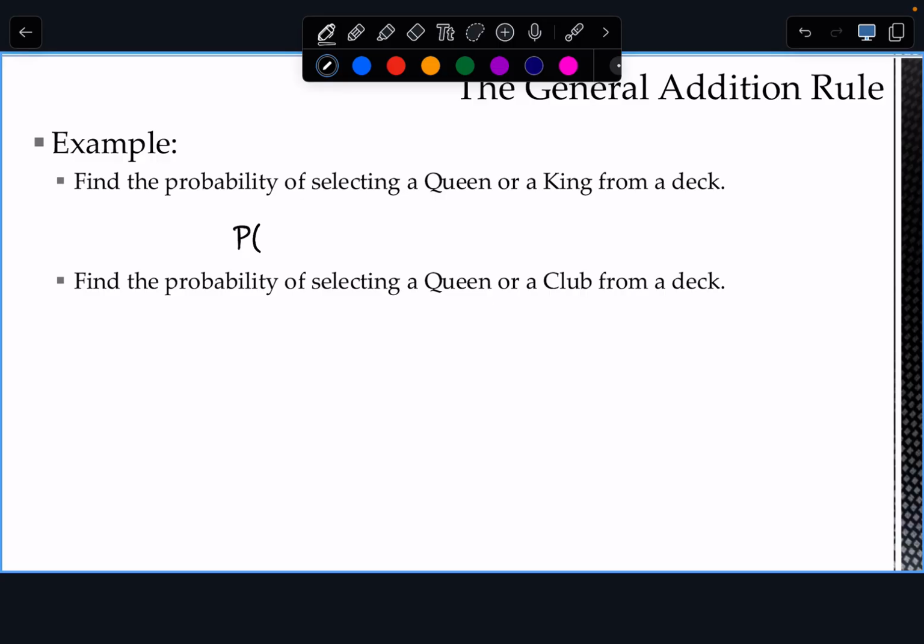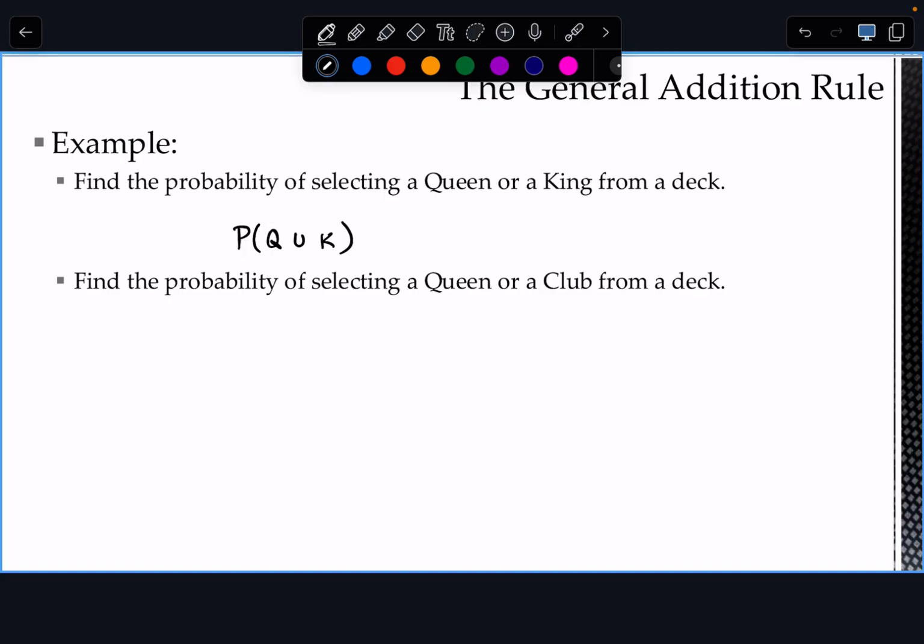Now when I write this out, I could use the words queen and king, or I could define them using a specific letter. If I'm going to go queen and king, what would be the letters that would be the most logical to choose? Q and K. So I'm going to define the probability of a Q, queen, or a king.